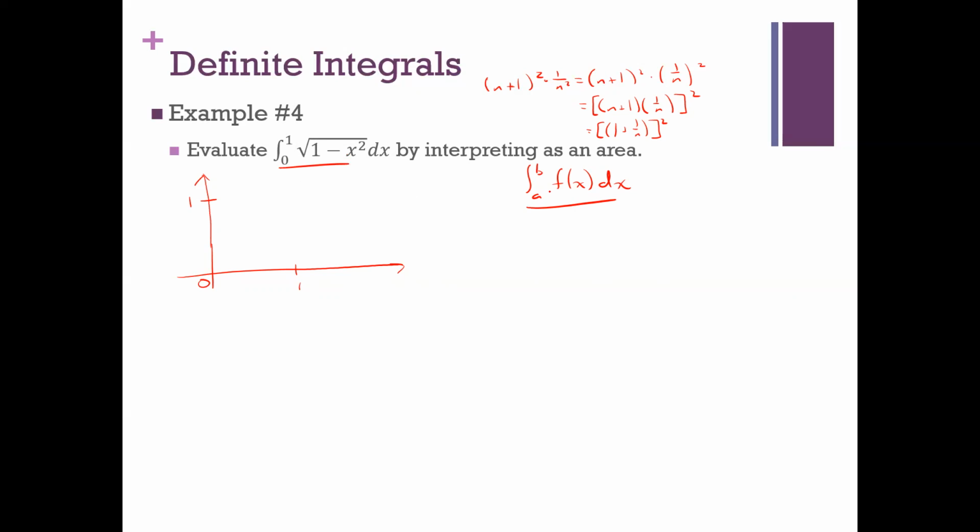What is the function that we're actually integrating here? Yeah, the function I want to find the area underneath is the square root of 1 minus x squared.